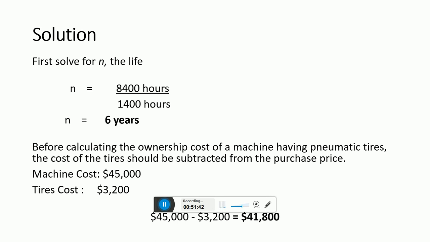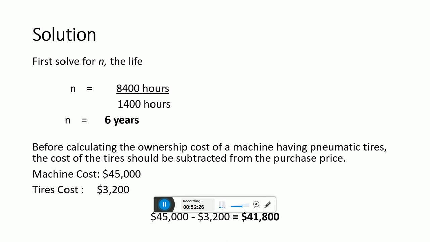Now we have to annualize this cost per year. The annualized purchase expense we have to find out, the value of A, the ownership cost per year. This is the total present cost, P, which we have to invest at this moment. So what is the A which can be distributed per year for 6 years?